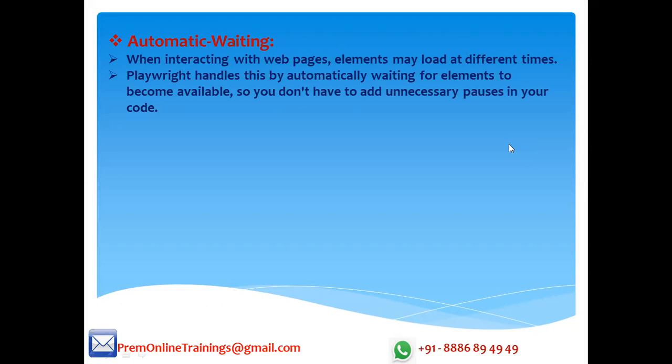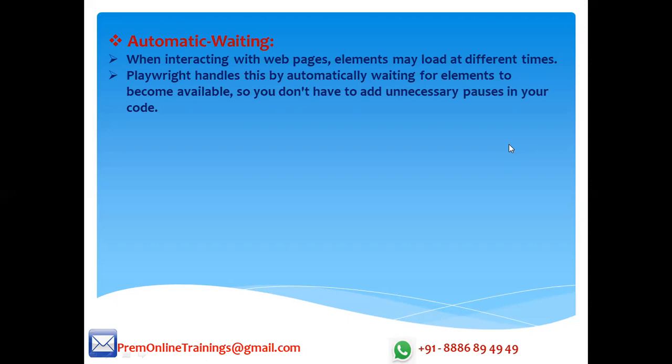It will take some time for those elements to appear on the page. To handle this kind of situation, in Selenium we normally use different kinds of wait statements, like implicit wait, explicit wait, and fluent waits. But in Playwright, it will wait till the element becomes available. Once it is ready on the web page, it will start interacting with the web element.